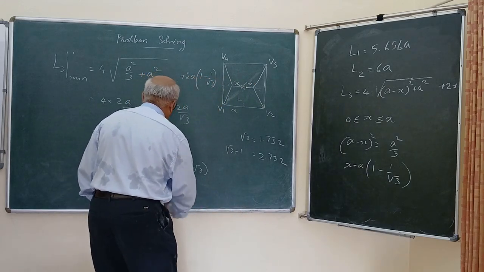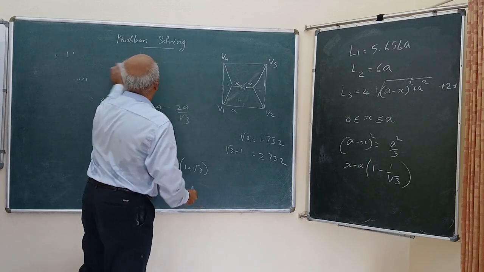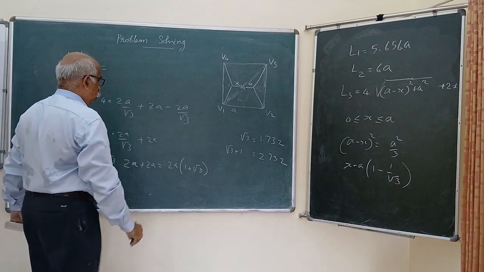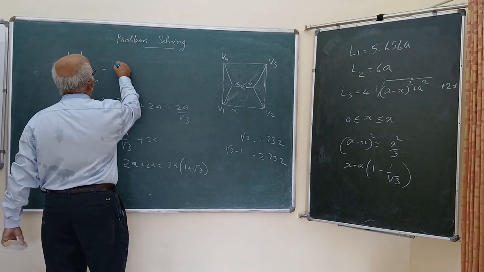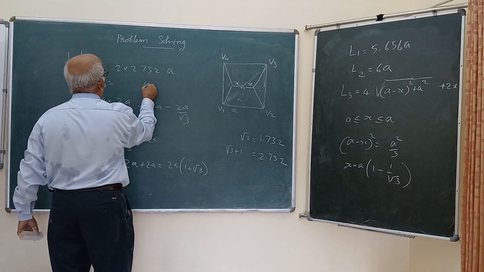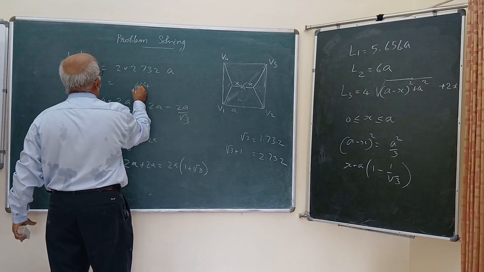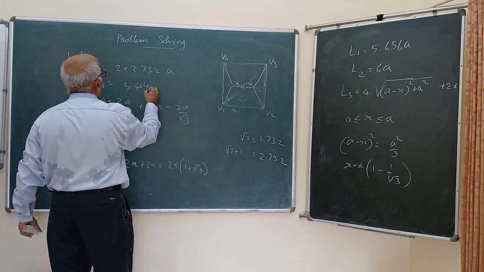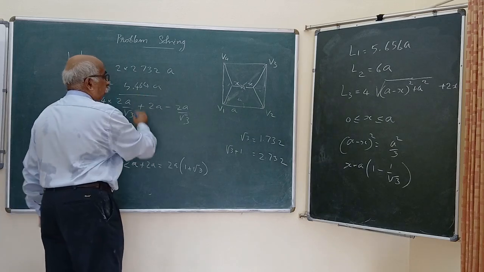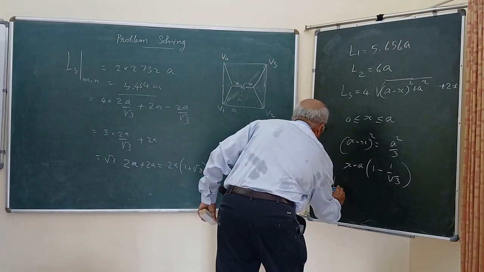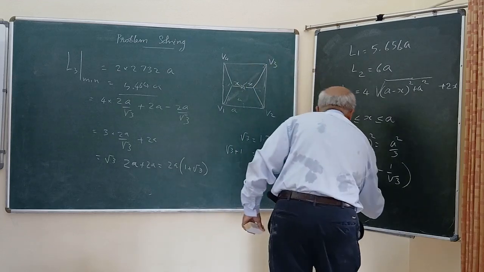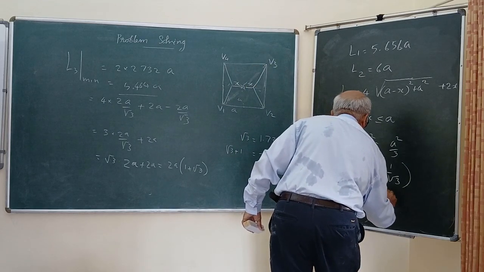Therefore, the distance L3 minimum is equal to 2 times 2.732a, which is equal to 5.464a.